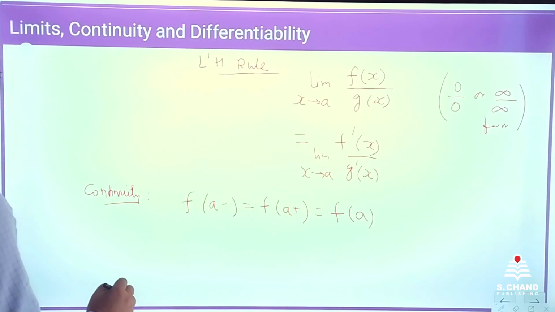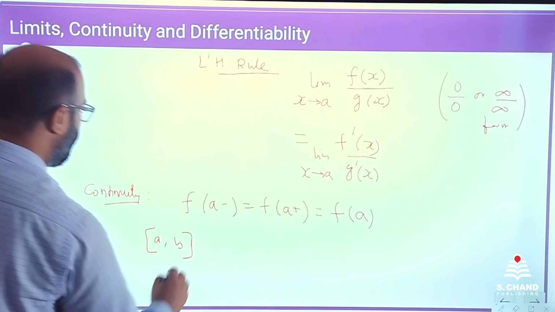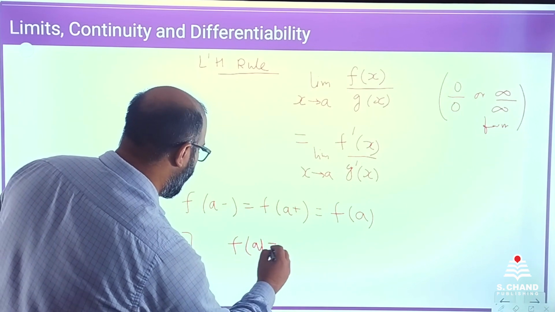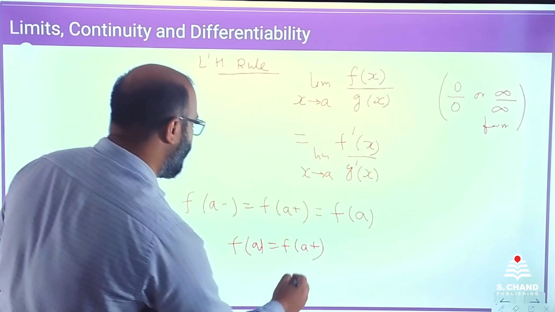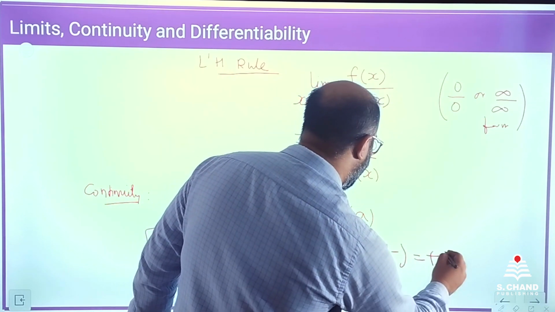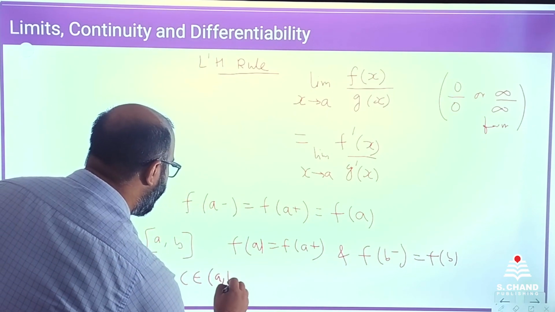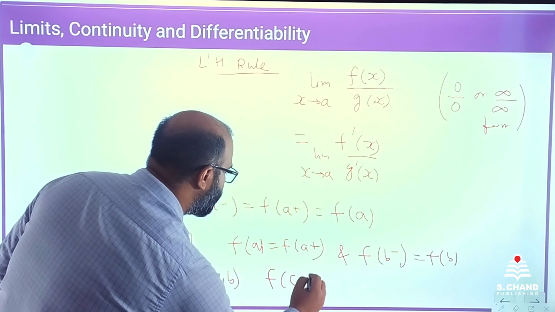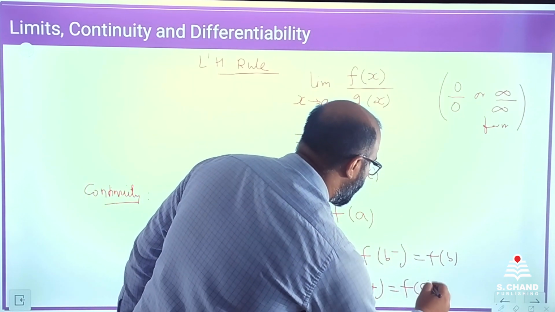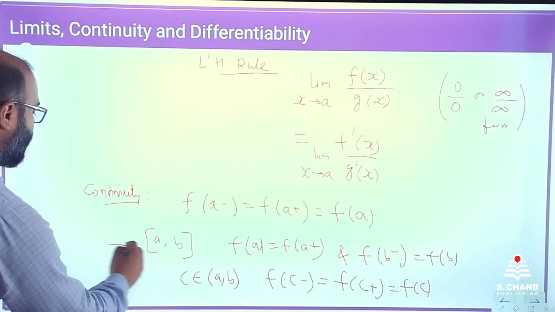If it is continuous in a closed interval [a, b], then in this interval f of a should be equal to f of a plus, and f of b minus should be equal to f of b. Further, for any point c belonging to the open interval (a, b), f of c minus is equal to f of c plus is equal to f of c. So this is the condition for continuity at a point, and this is the condition for continuity in an interval.